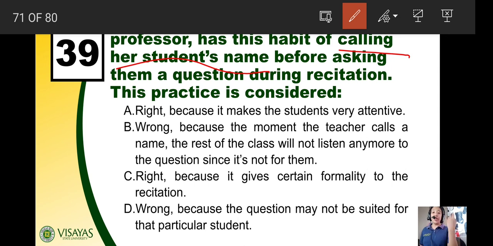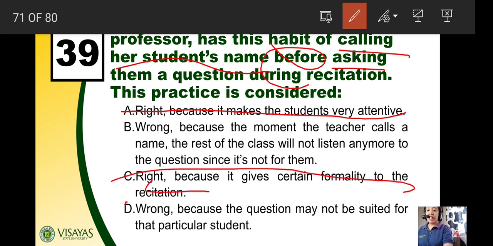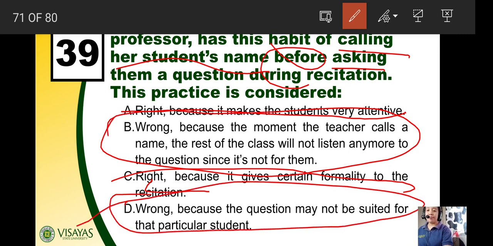So, inuuna mo na yung name before asking questions. So, is it right or wrong? Okay, ganito. Pili tayo. Right or wrong ba yun? Okay, well, it is not that right. It is incorrect. So, tanggalin natin si A and letter C. So, mayroon na lang tayong letter B and letter D.